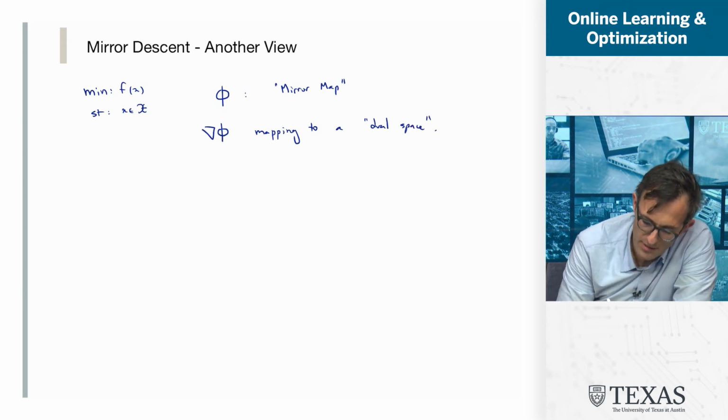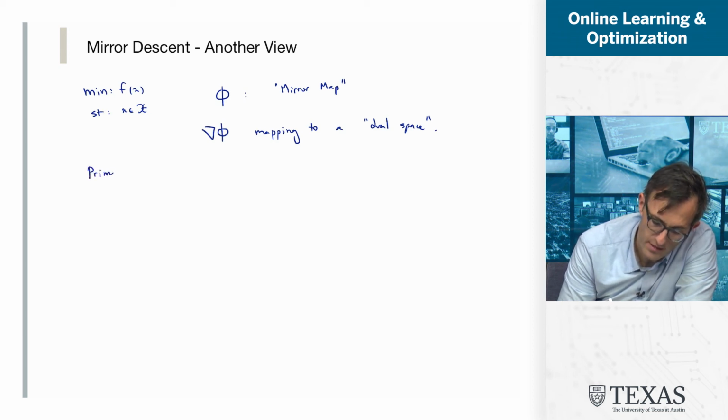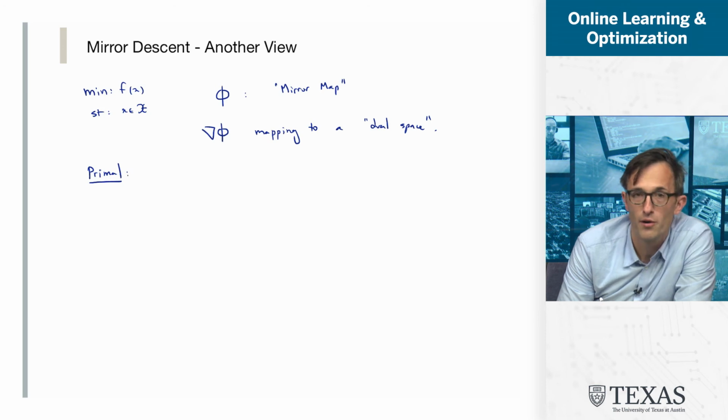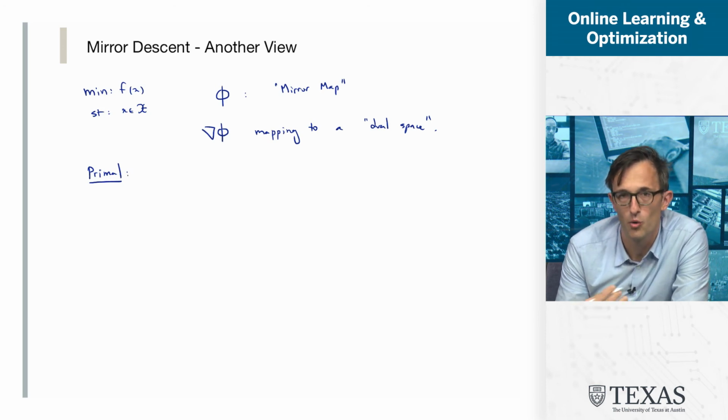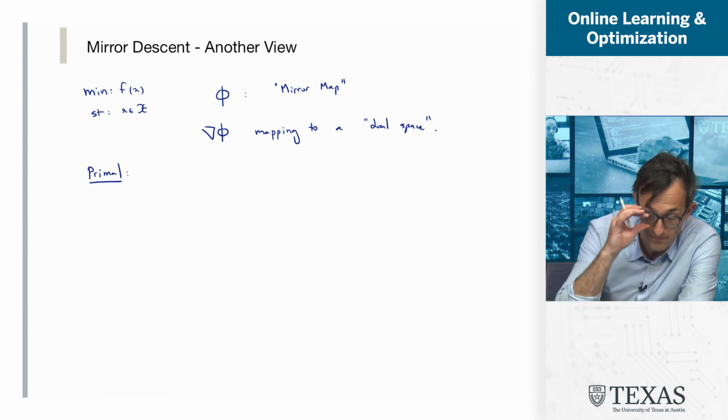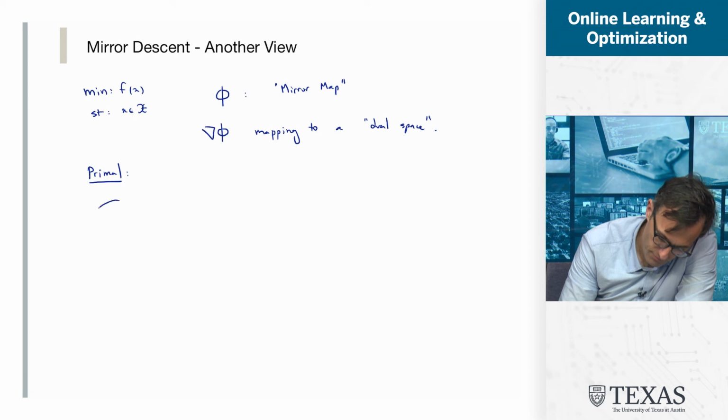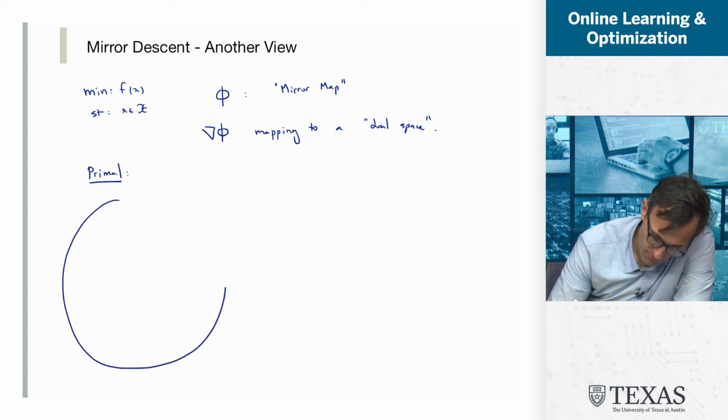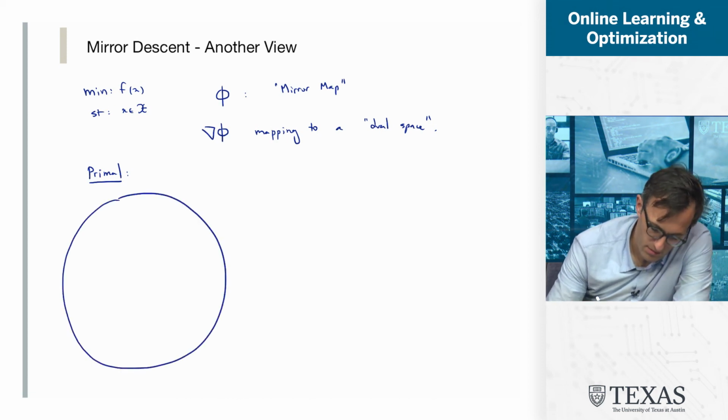Basically, we want to think about the primal space, as it's called, as the space where x lives. All the points that we have, x star, our trajectory, live in the x space. So x star is somewhere in here.